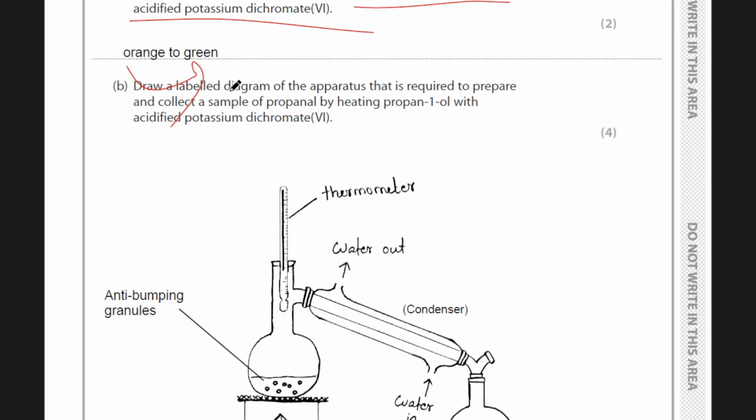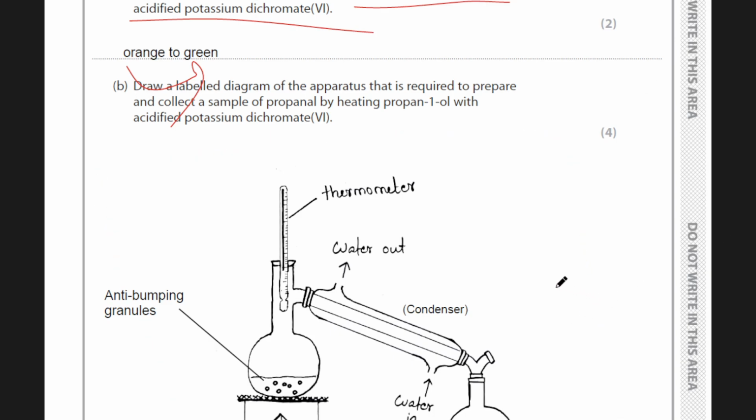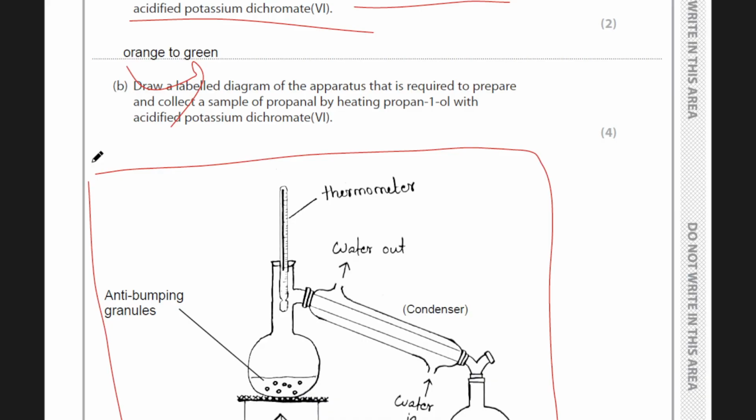Again, they told you to draw a labeled diagram of the apparatus. This question is very common in a lot of years, from 2025 to 2019. Many times the process of answering these drawing questions, basically a simple distillation apparatus drawing, is similar. Just ensure that the direction of the water out and water in remains like this.